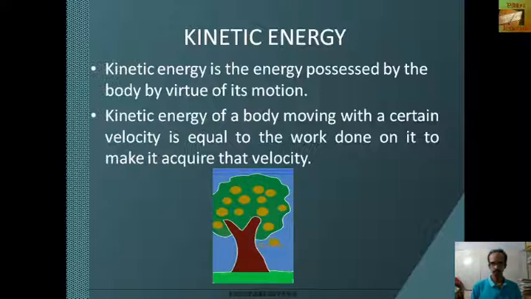Here when the mango falls, it is acquiring an acceleration due to gravity, that is g, and hence its velocity increases and its kinetic energy also increases. The kinetic energy of the mango is maximum when it reaches near the ground, that is, when it has maximum velocity.